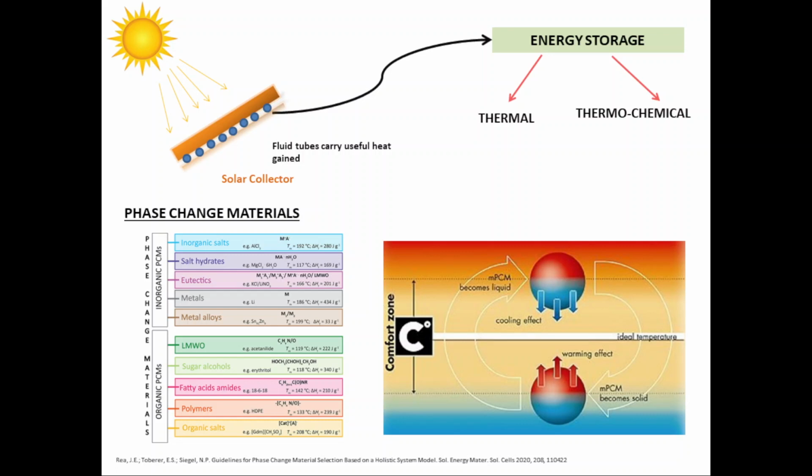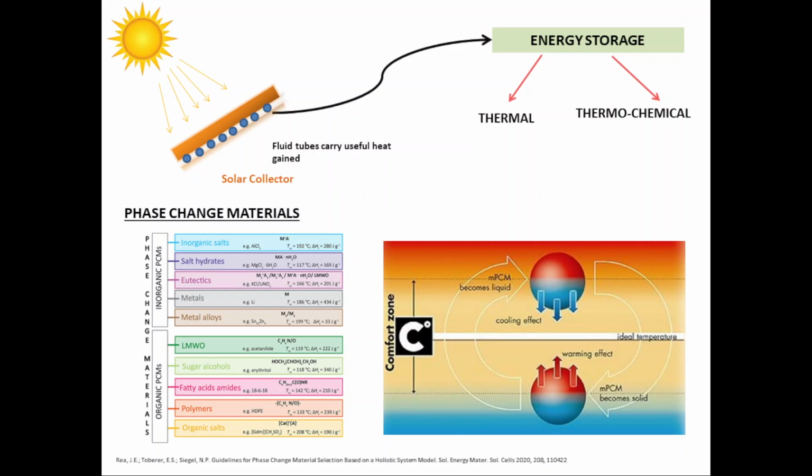In an endothermic reaction, heat energy is absorbed. So both the compounds react by absorbing some amount of energy and releasing a product. This product is basically stored. Now when there is a need for that stored energy, the reaction is reversed, keeping the product we obtained as a reactant.